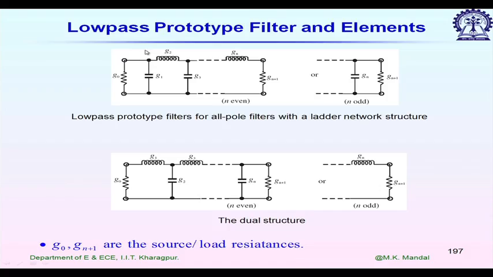The basic low pass filter configuration can be a pi type or a T type configuration. In this case we are showing both of these two different types.